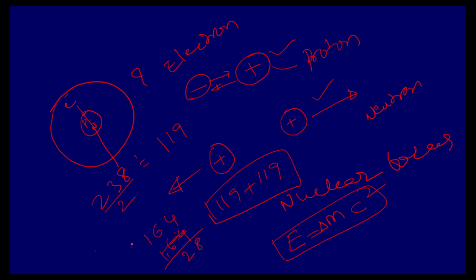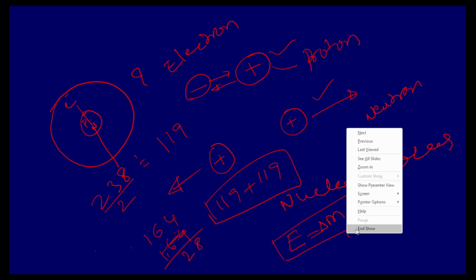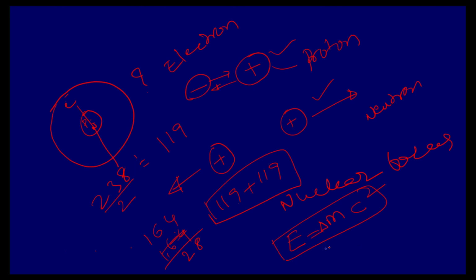Another thing is Einstein's formula, E equals mc squared, where m is actually delta m. What this formula tells us is that mass will be converted into energy.